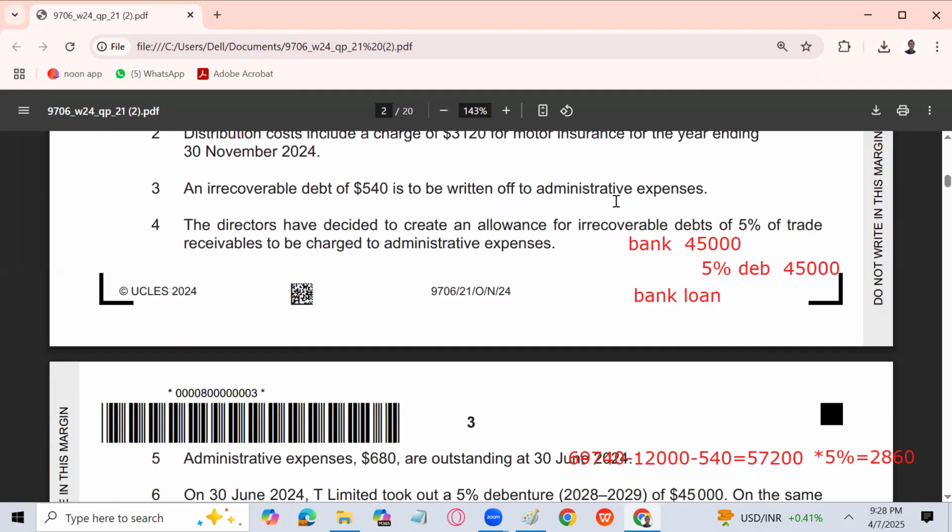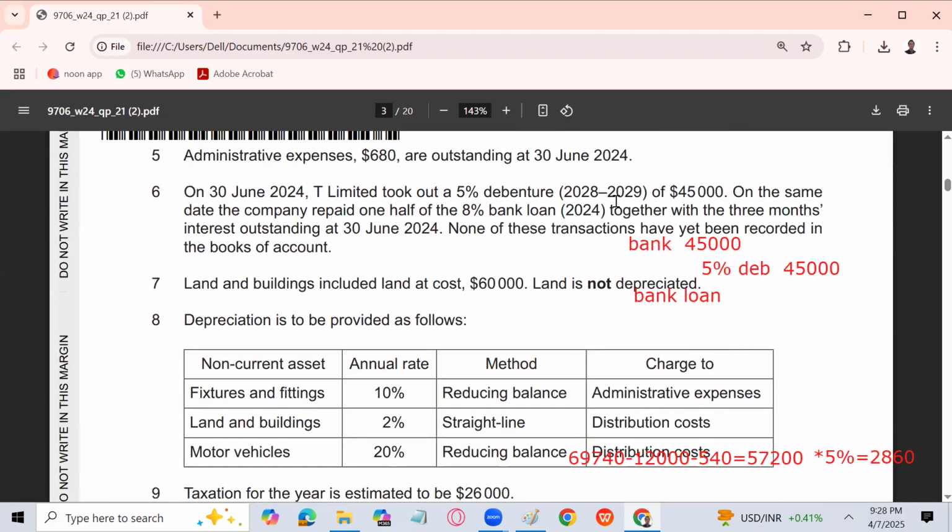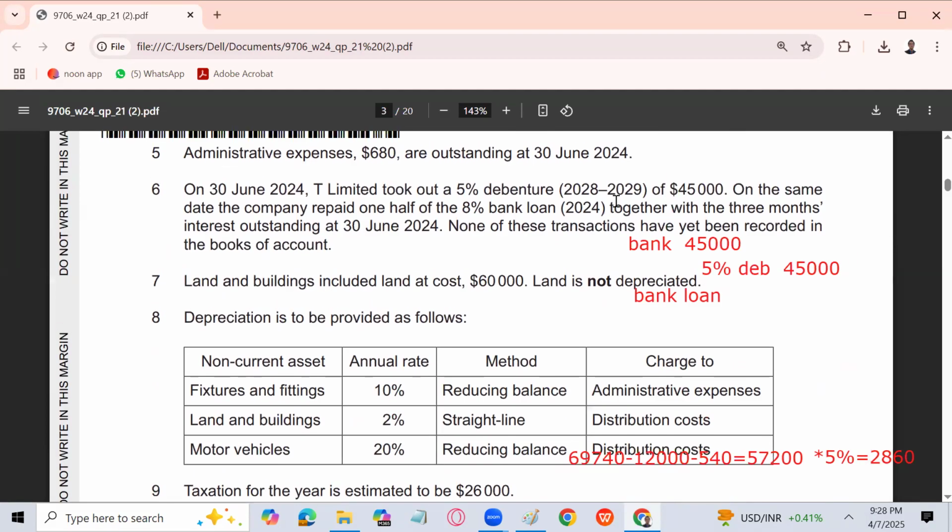So the entry we are going to pass is bank loan debit with 27,000, because we are paying 50% of the bank loan, which is 27,000. Then we are also paying interest on the loan. That will be an expense, finance cost, 1080 for 3 months. And bank is to be credited with the total amount which we are paying, that is 28,080, right?